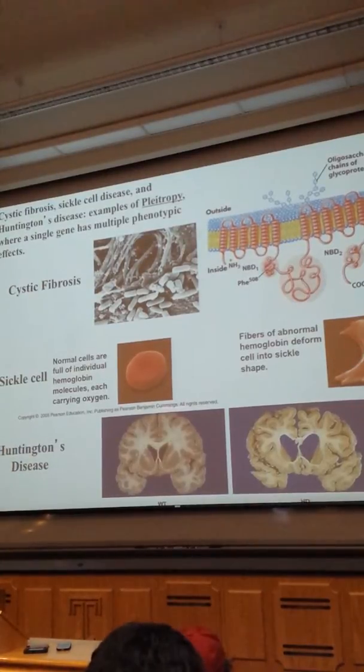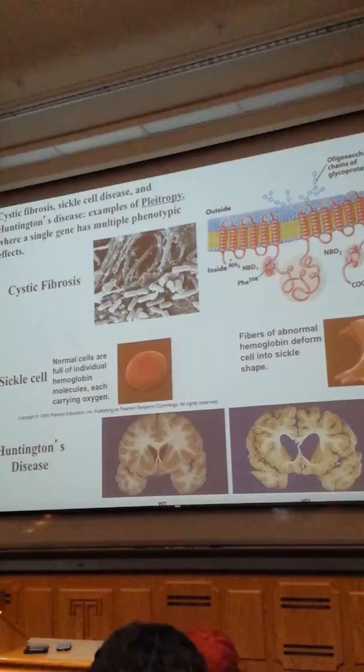Consequently, individuals with sickle cell disease have a lot of pain. They have problems with the function of their extremities, because the capillaries that feed the fingers, toes, feet and hands are not functional. They get clogged with these sickle cell erythrocytes or red blood cells.